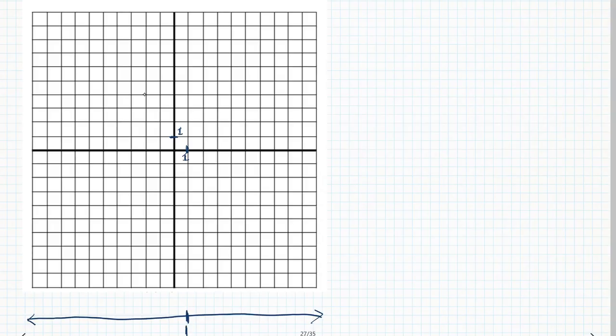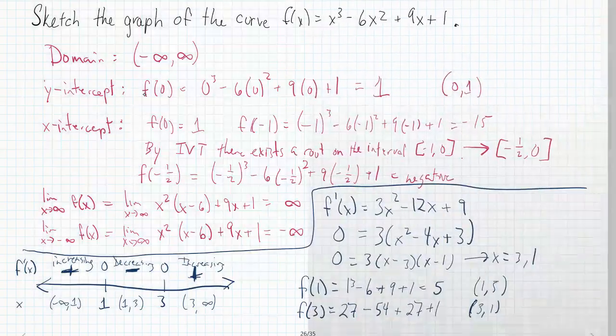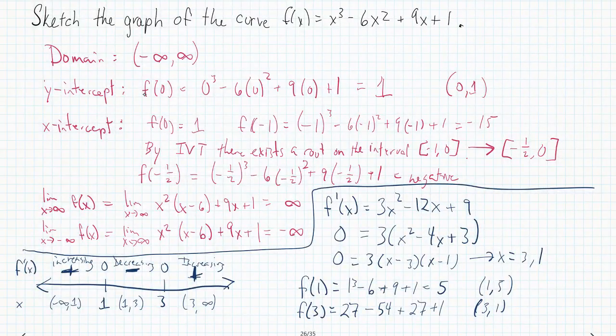So here's 1, 2, 3, and then there's 3. Okay, and we knew that we went positive, so this is for the f prime. We went positive, negative, then positive for that whole interval, and it was zeros right there. Okay, so we also had, what was it, f of, we had (1, 5) and (3, 1).